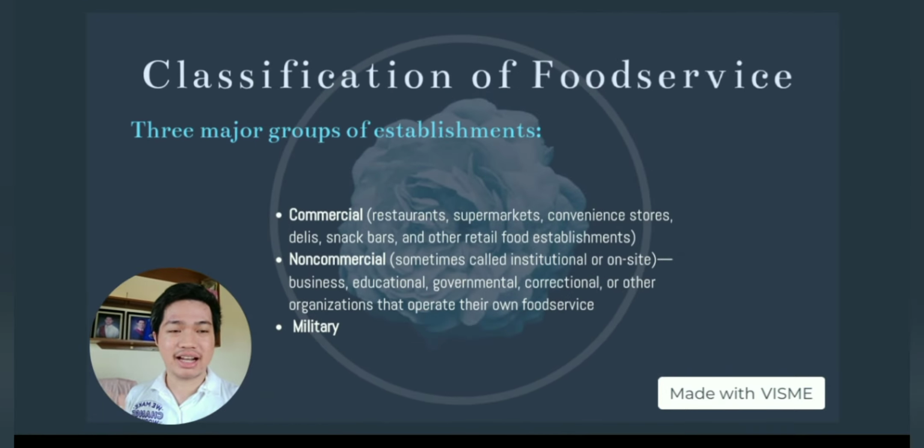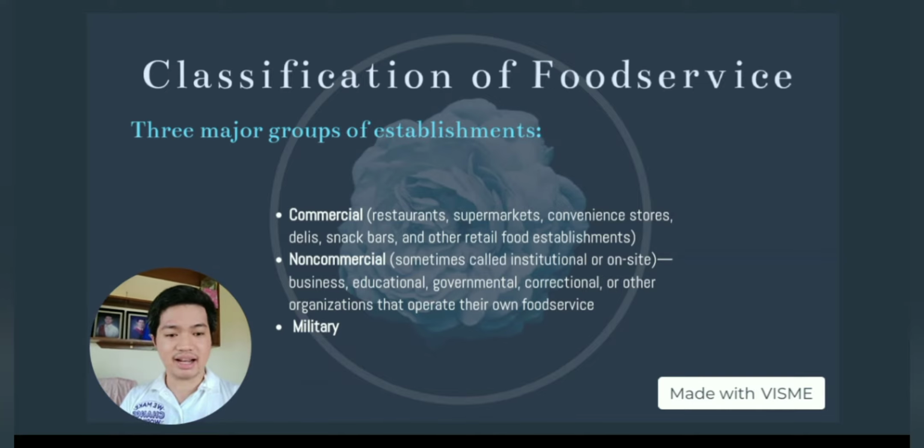Next, we have the classification of food service. With so many establishments around the world, they are categorized based on their similarities. We have commercial, non-commercial, and military.